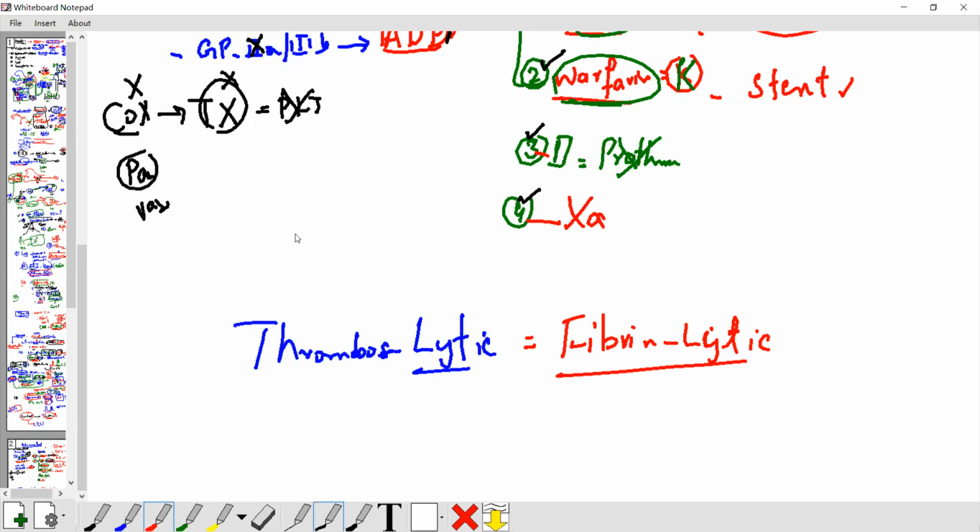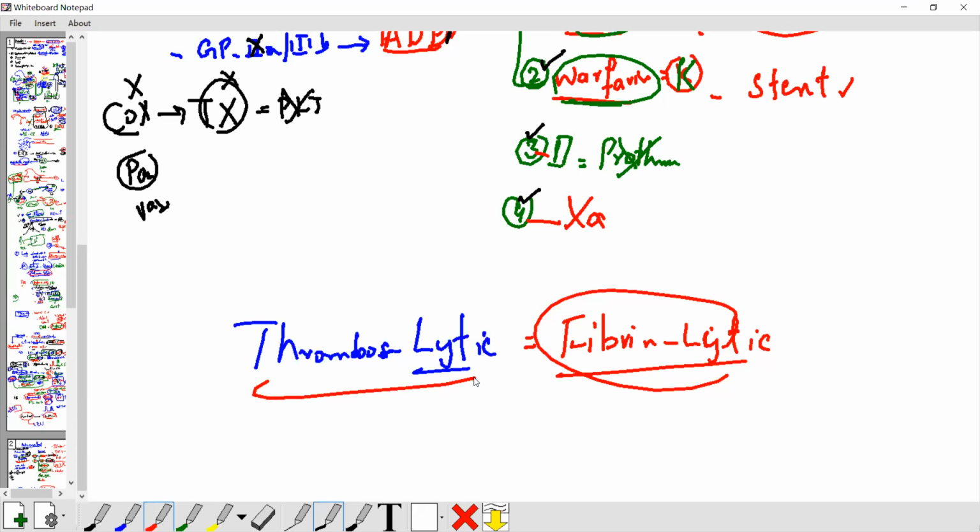No. What's your first choice? Because the clot is already formed, I must go for thrombolytics first. Yes, of course. How much time do you have? You have 30 minutes. Understand? Within 30 minutes, if the clot is broken, now you want to send the patient back home. Now use which drug?